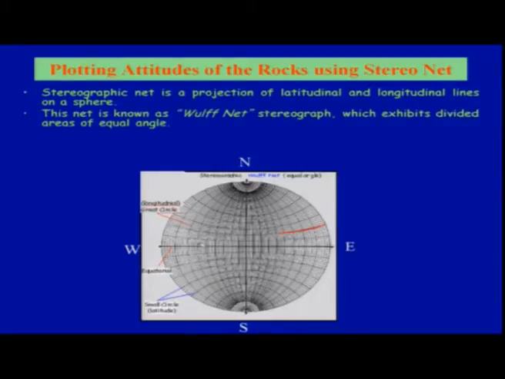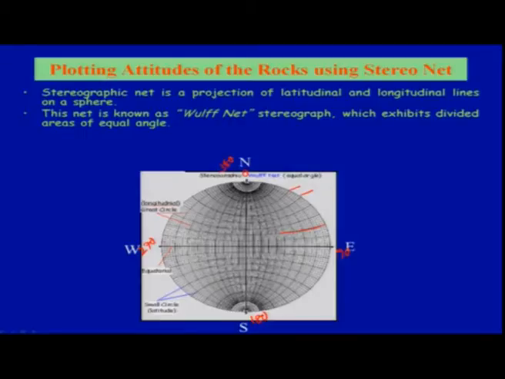This net is known as the Wulff net. The Wulff net stereograph exhibits divided areas of equal angle. So, this all is representing angle. This is 0, this is 90 degrees, this is 180, this is 270, back to 0 here, or you can say 360.